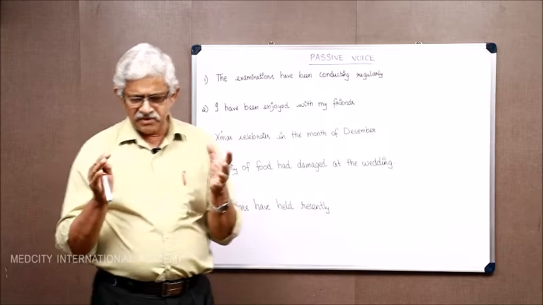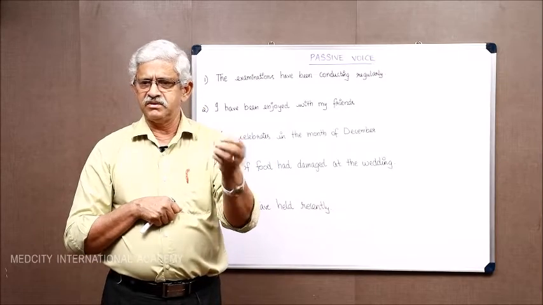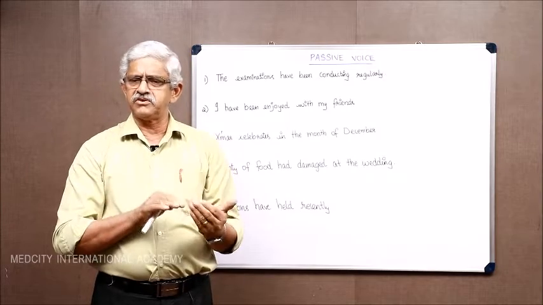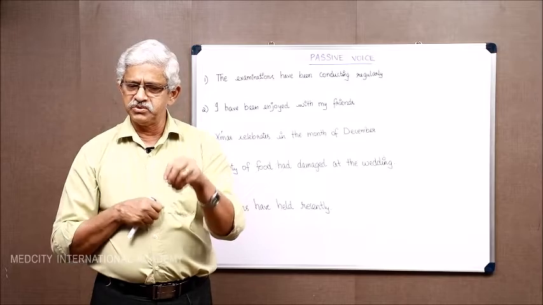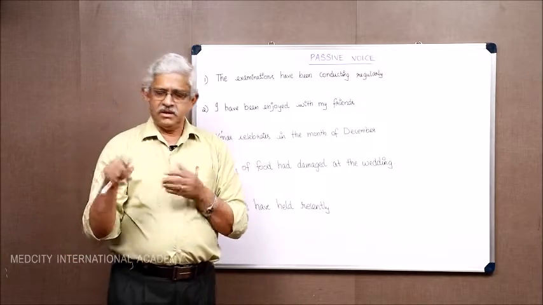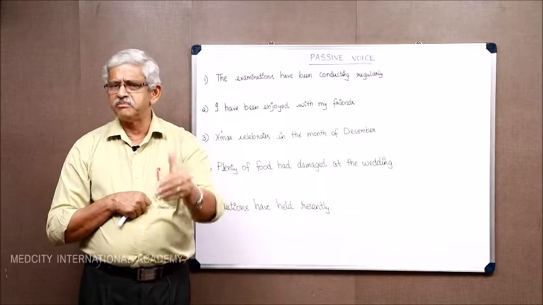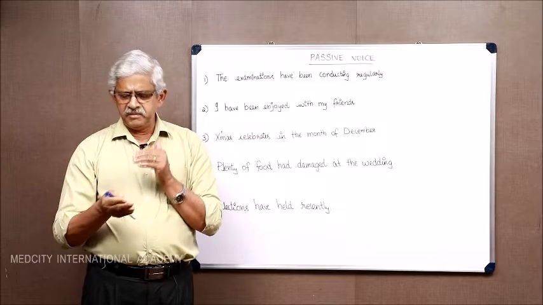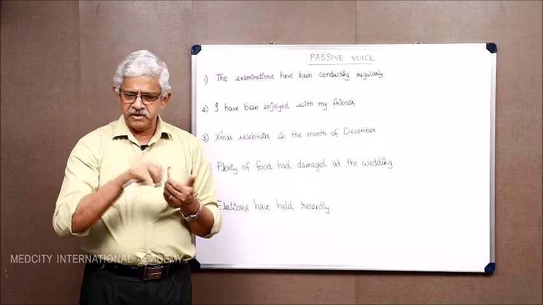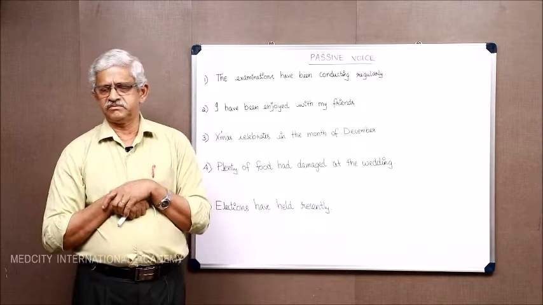The first thing is that, when the doer of the action is the subject, we use the active voice for the verb. When the victim of the action is the subject, we use the passive voice. That is what we have seen. People read newspapers. The action doing agency is the people. When people is used as the subject, we say people read newspapers. The verb read is in the active voice.